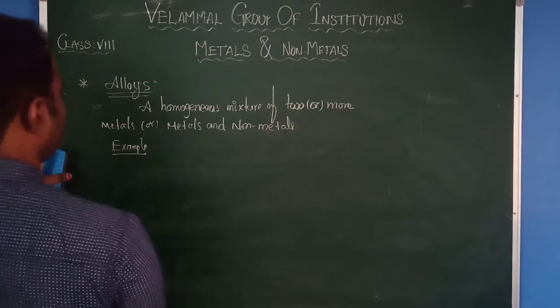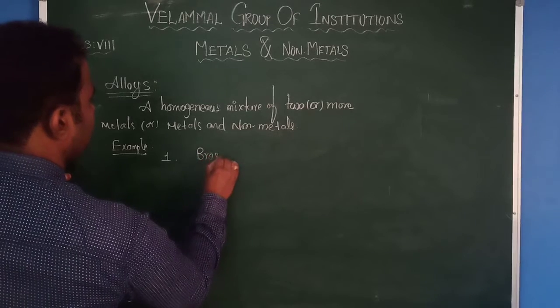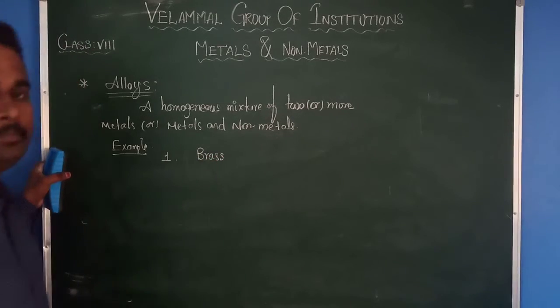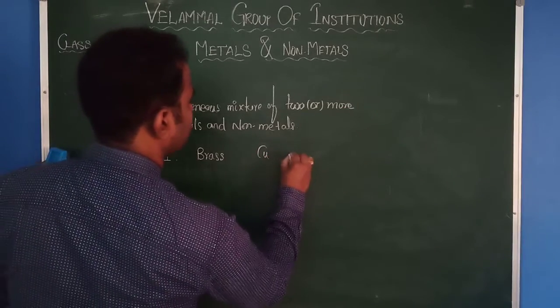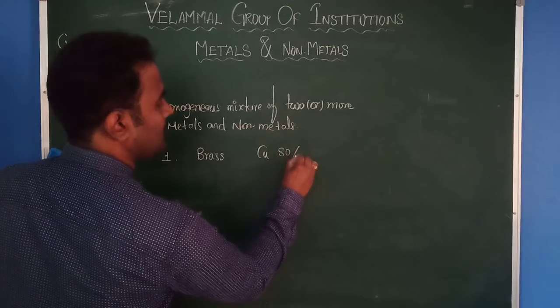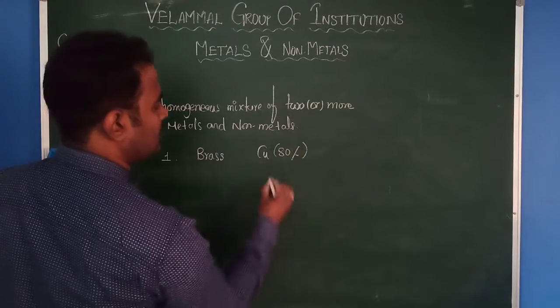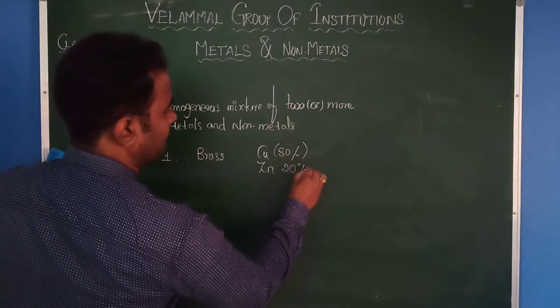First one, brass. It is a mixture of copper, nearly 80%, and zinc, 20%.